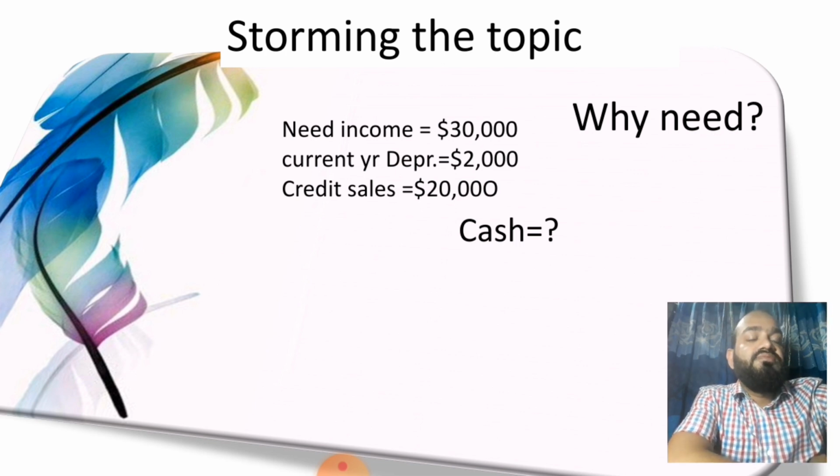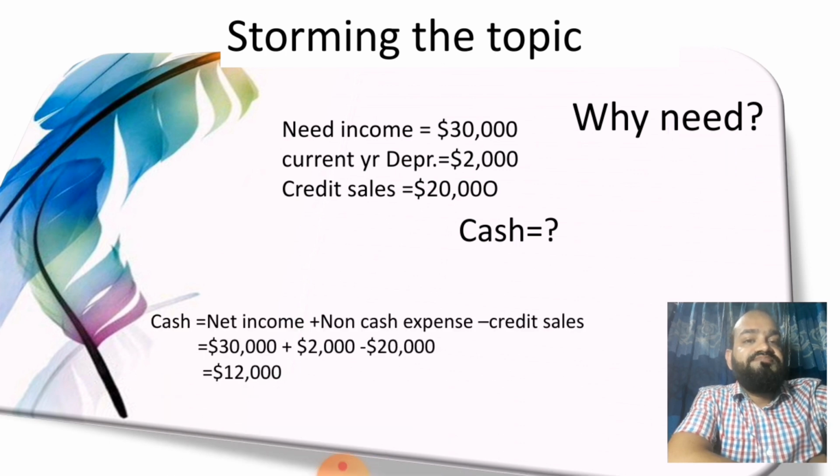We need to prepare how cash comes. So here you see cash equals net income plus non-cash expense minus credit sales. What does it mean?